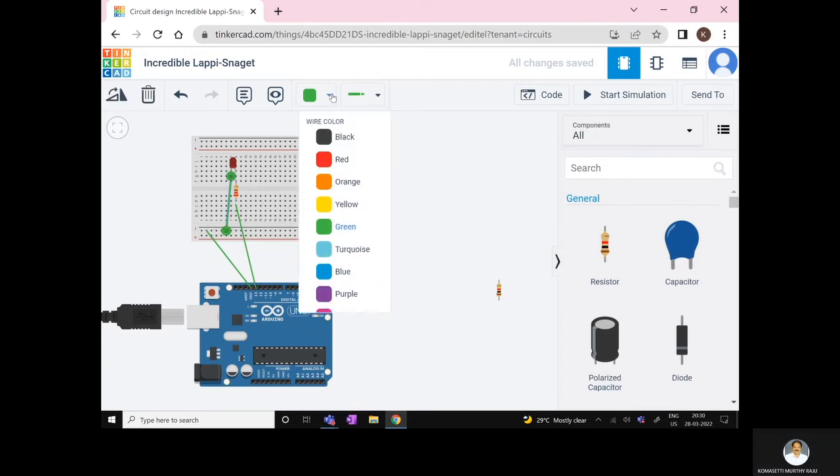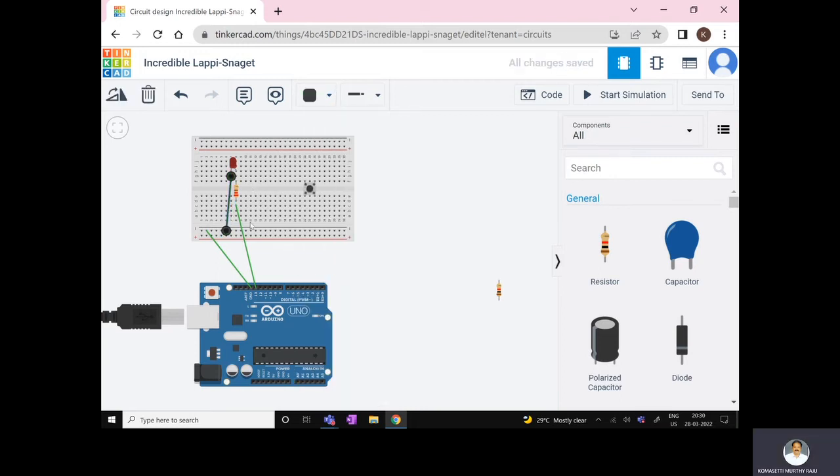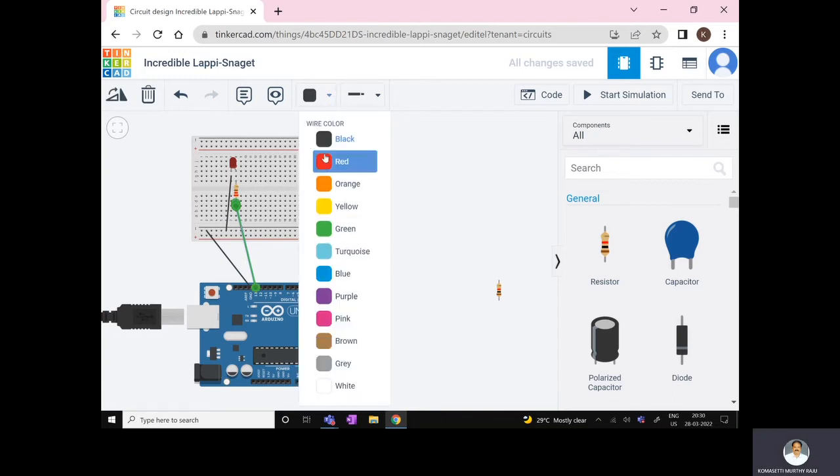Change the color. Black here. This one, right click and change the color to red like that.